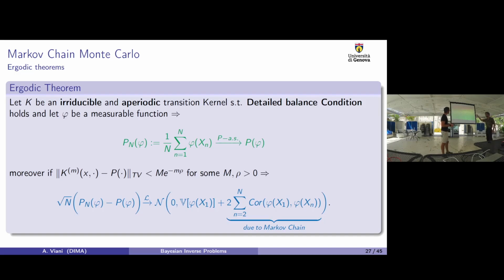But it's not monotone. Or do we have monotonicity? It was just roughly speaking that we are converging. It's not monotonic convergence. I totally understand. That was almost my question.